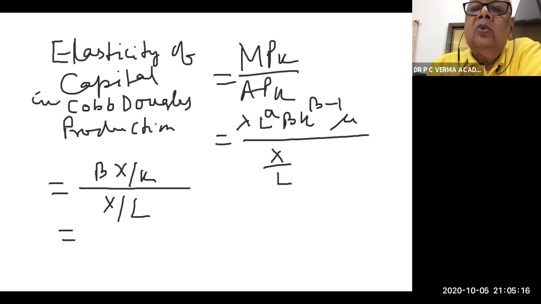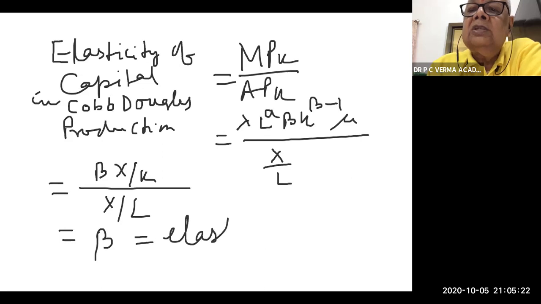We will get only beta, that is the elasticity of capital.